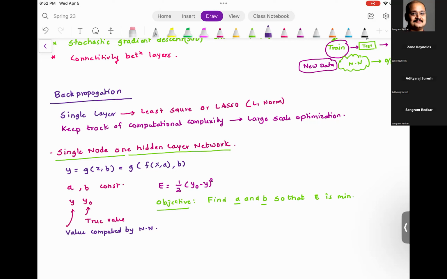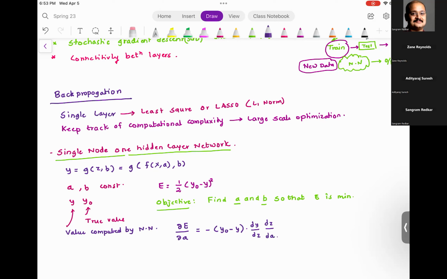This minimization implies that you need to take the partial derivative of error, partial E by partial A, which can be written as minus (y0 minus y), and clearly you have these y's, so you need to do dy by dz, and you need to do dz by dA.